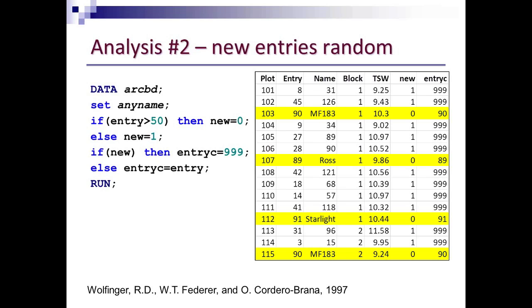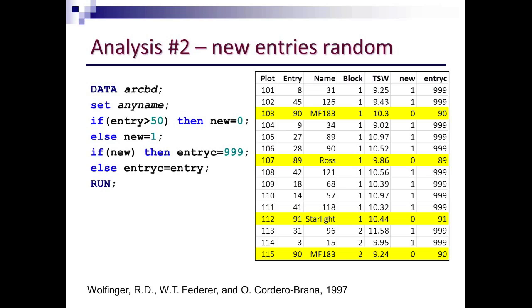Essentially what you're trying to do is you're creating an indicator variable called new that we give a value of 1 when we have a new entry and a value of 0 when we have a check. And then we also create another variable, I'm calling it entry C here, which is collectively 999 for all of the new entries, but then maintains the actual value for the check varieties.